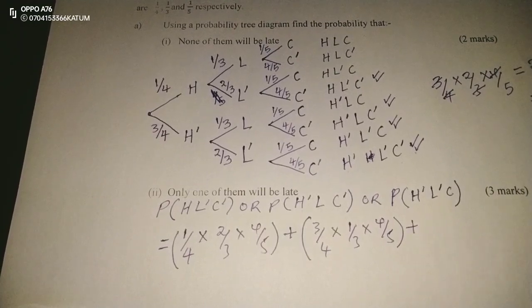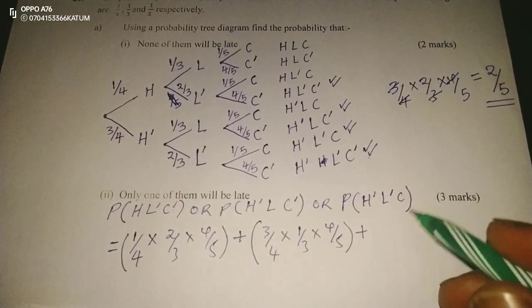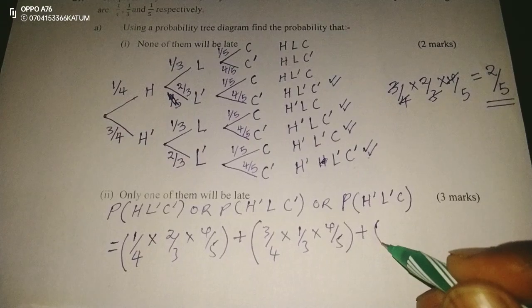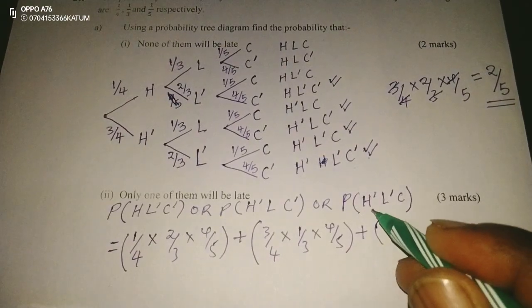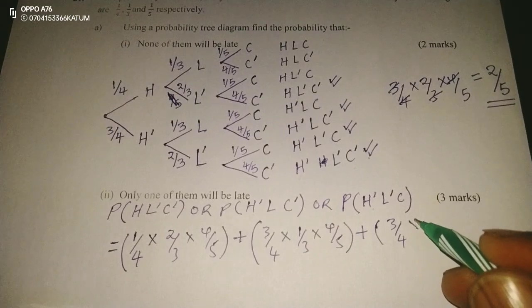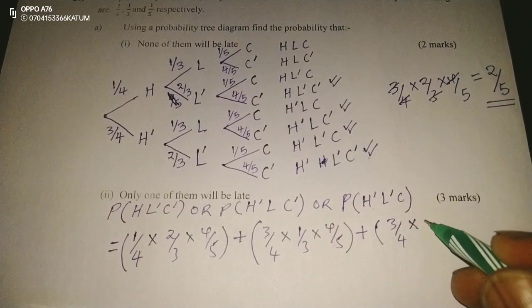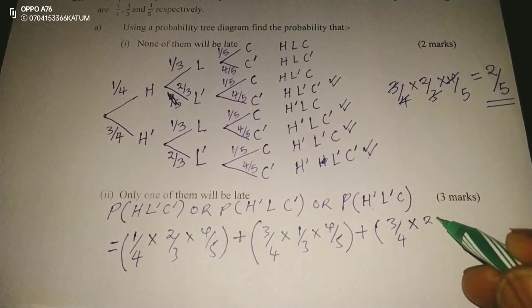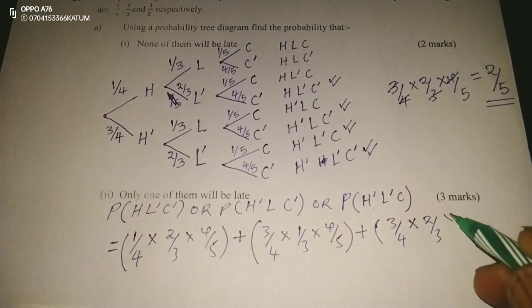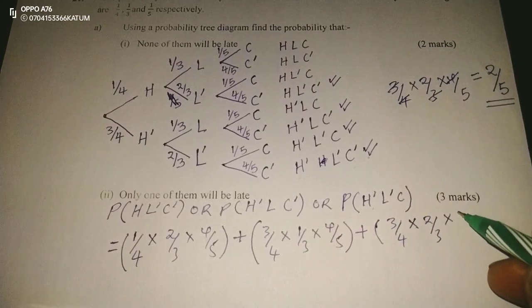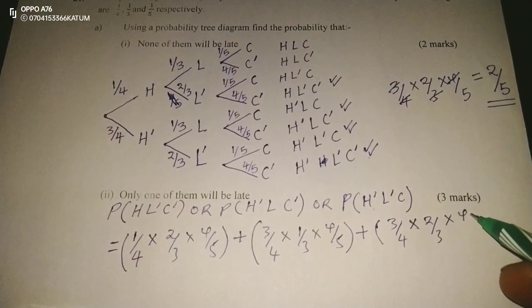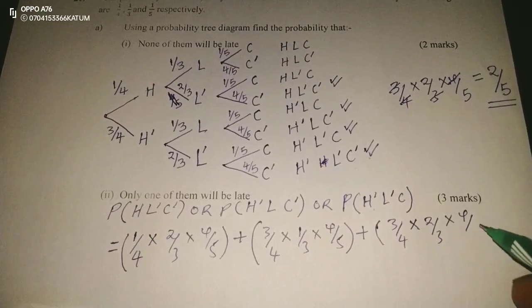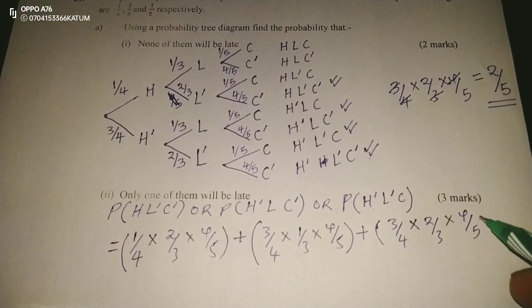Or finally, you can have Caroline being late alone. So Carol not late. This is Hilda not late. The other one also not late, but Caroline late at 4 out of 5.